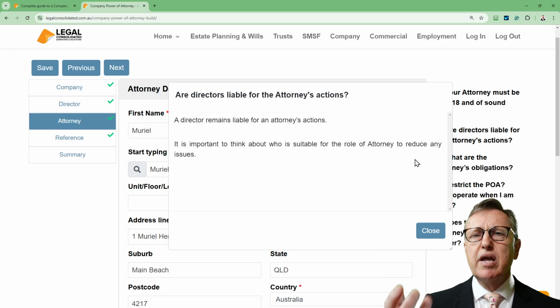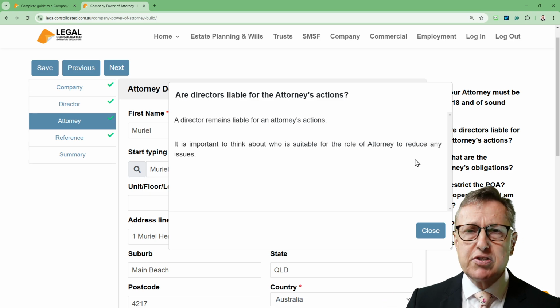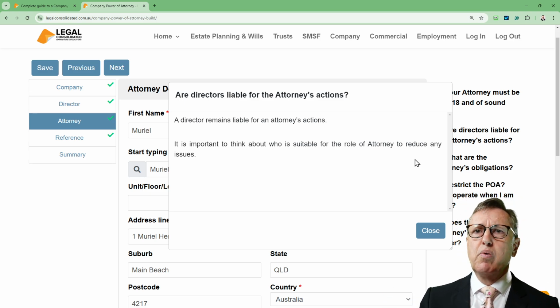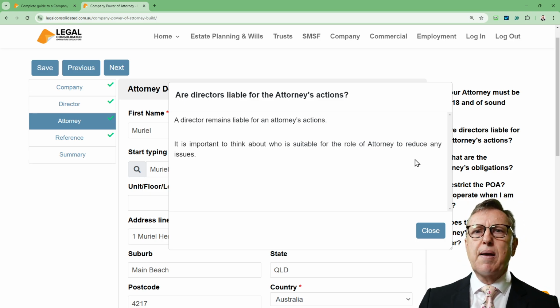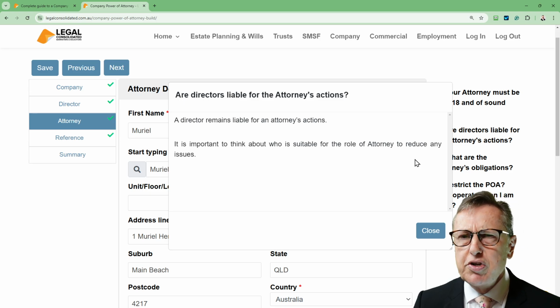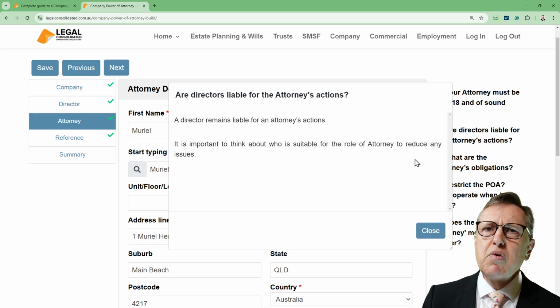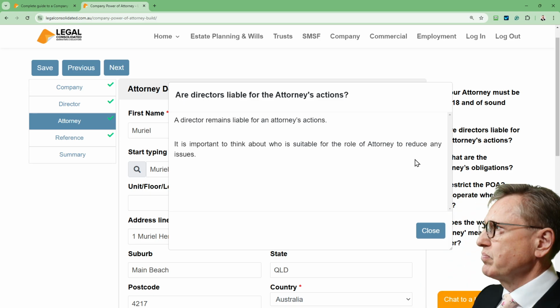A director is responsible, and often if the company goes down, the directors go down with it if it goes insolvent or whatever. So just because the director has got some person holding a company power of attorney does not relinquish the poor director from their huge obligations. They're still liable.